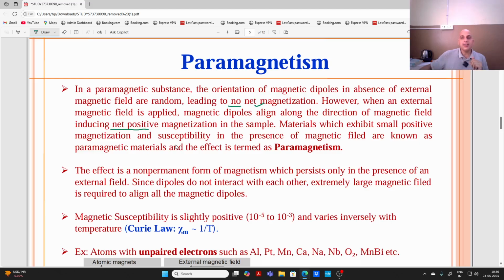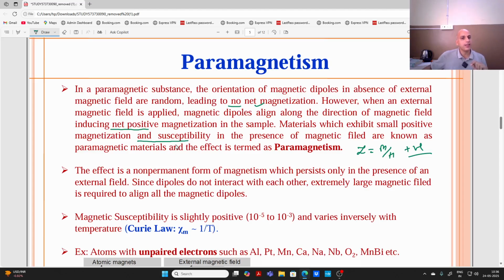These materials show small positive magnetization, and the susceptibility zeta, equal to M upon H, is also positive, but its value is small. These materials are known as paramagnetic materials, and it is shown by those materials which have unpaired electrons.